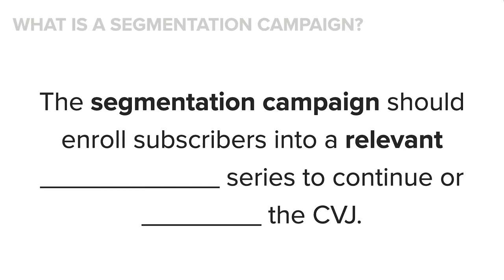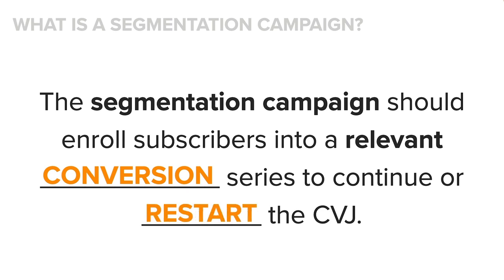So the segmentation campaign should enroll subscribers into a relevant conversion series. Now you're starting to see one trigger the next. So we're going to use segmentation campaigns to enroll those subscribers into conversion series and continue or restart the value journey. There are two ways that we can do that.